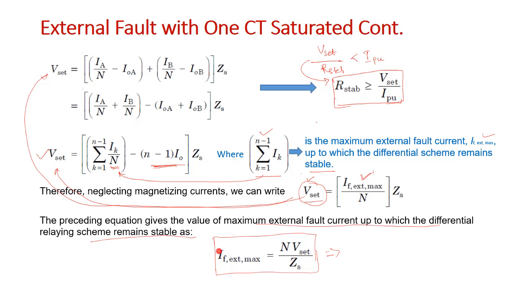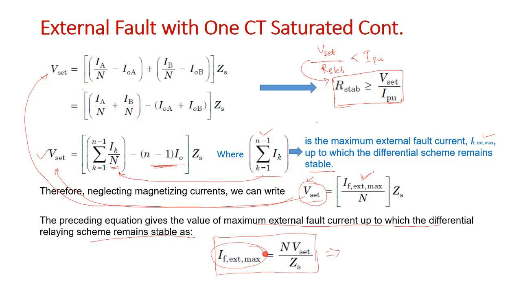So that value in fact gives the maximum external fault current for which the relay, that is this stabilizing impedance differential relay, in fact gives the stable operation.